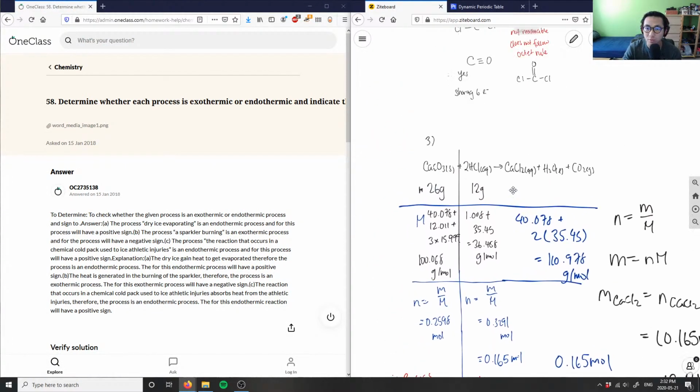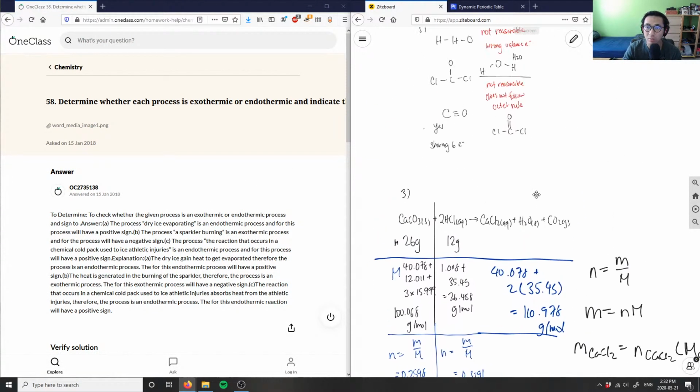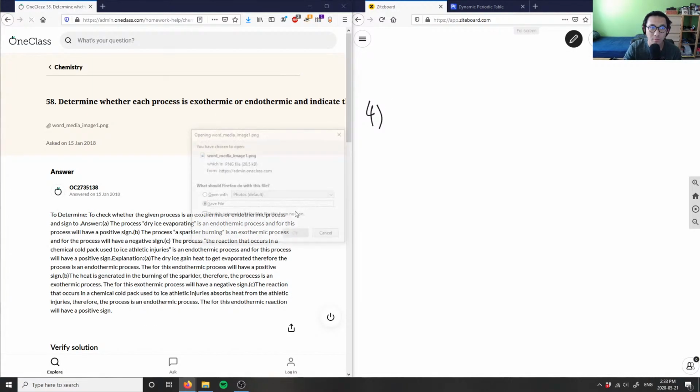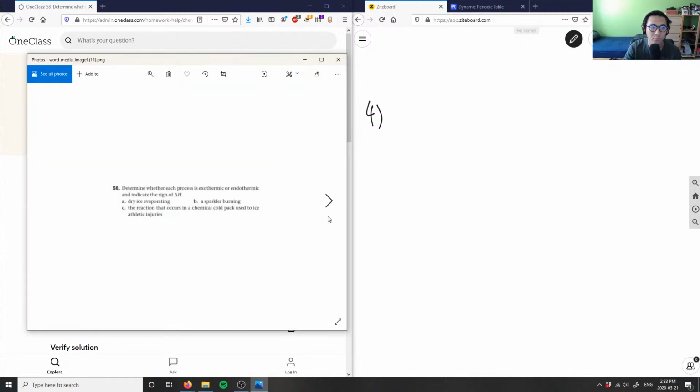Okay, that was question, oh, we're only at question 3 here, wow. These questions are quite long here. So it says determine whether each process is exothermic and endothermic. Okay. So we're going to have to open up this file. So this is question 4 here. Question 4.